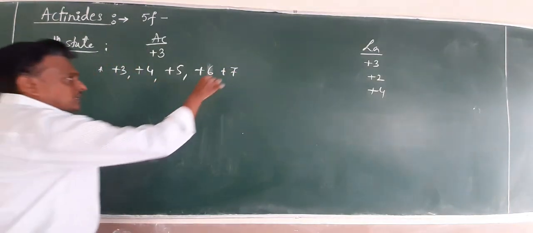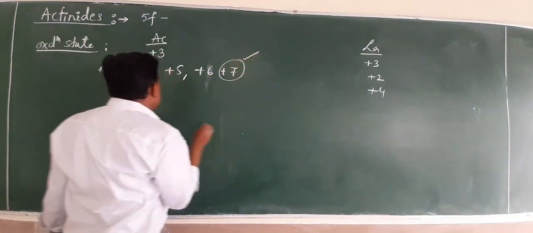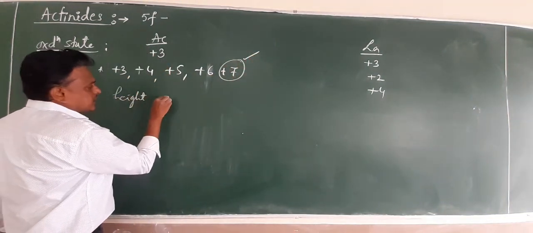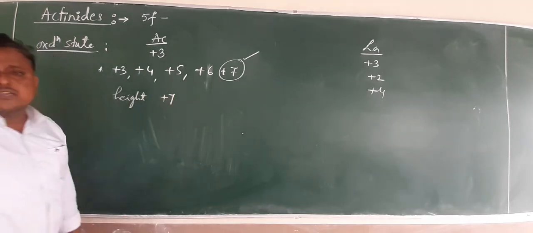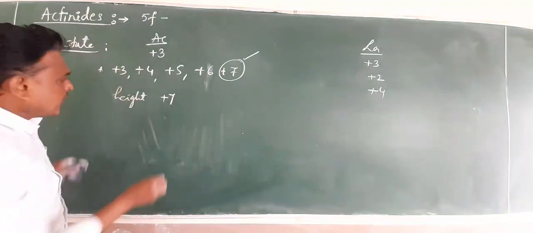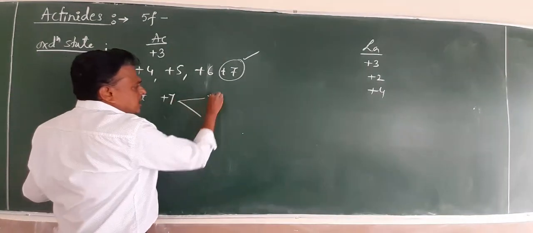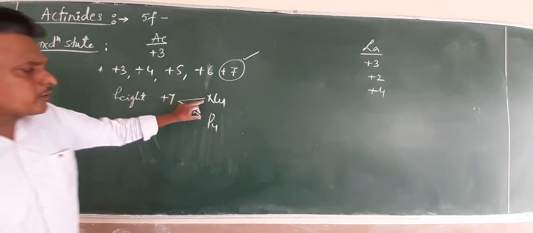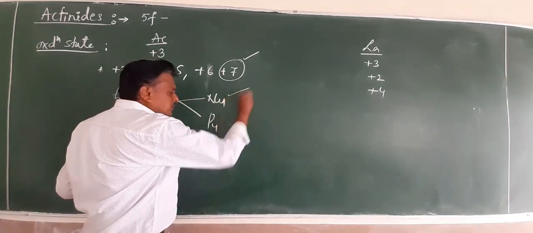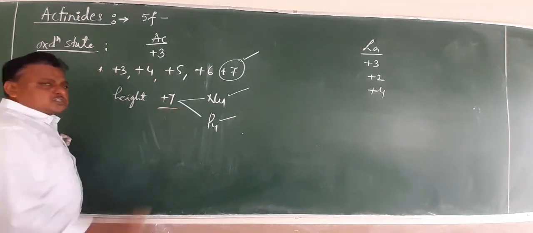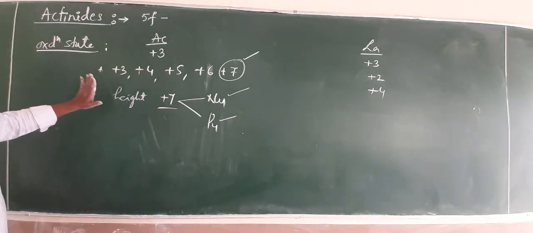It means the highest oxidation state exhibited by actinoids is +7, and it belongs to two elements: neptunium and plutonium. These are the two important elements which exhibit the highest oxidation state of actinoids.